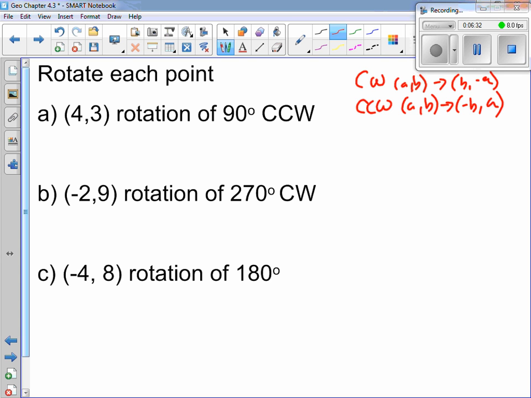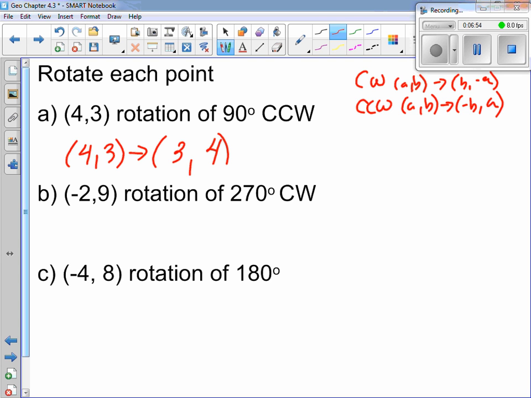So if I want to rotate this point here, 4, 3, a rotation of 90 degrees counterclockwise. So in all of these, we're flipping them. If I'm just doing groups of 90, I'm flipping it, and I'm making one of them negative. So for counterclockwise, we would flip it. So 3 would go first, 4 would go second.